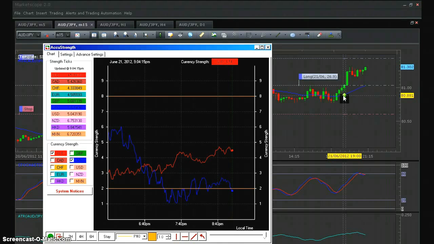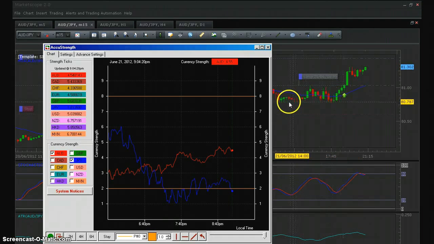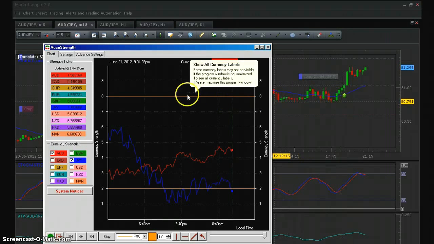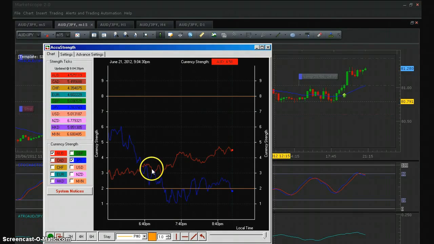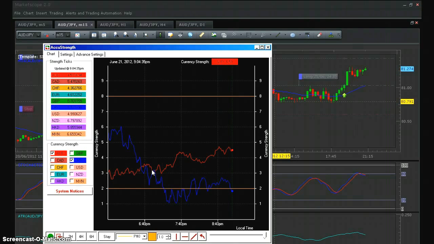crossover happened on the 21 MA. Also, we used the currency strength meter to give us confidence on our trades. In this case, this trade was taken around 7 o'clock, that's Australian Eastern Daylight Time.